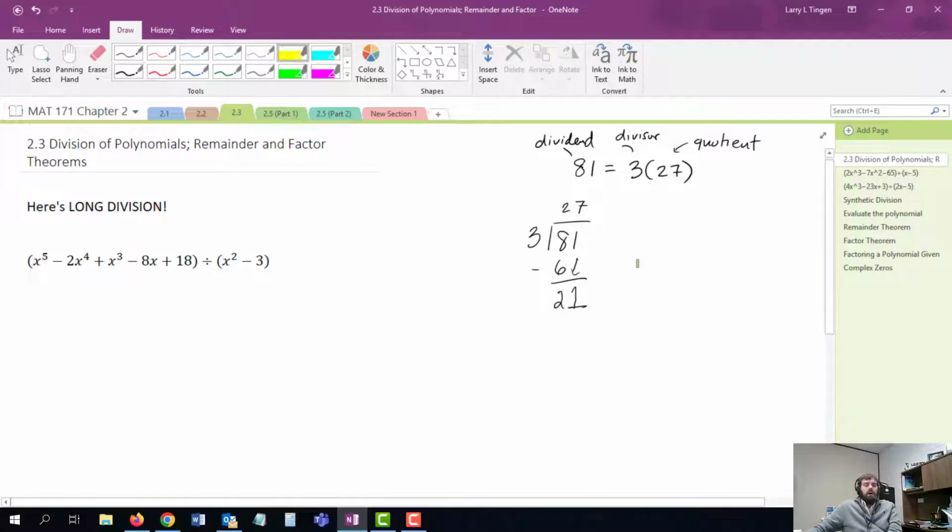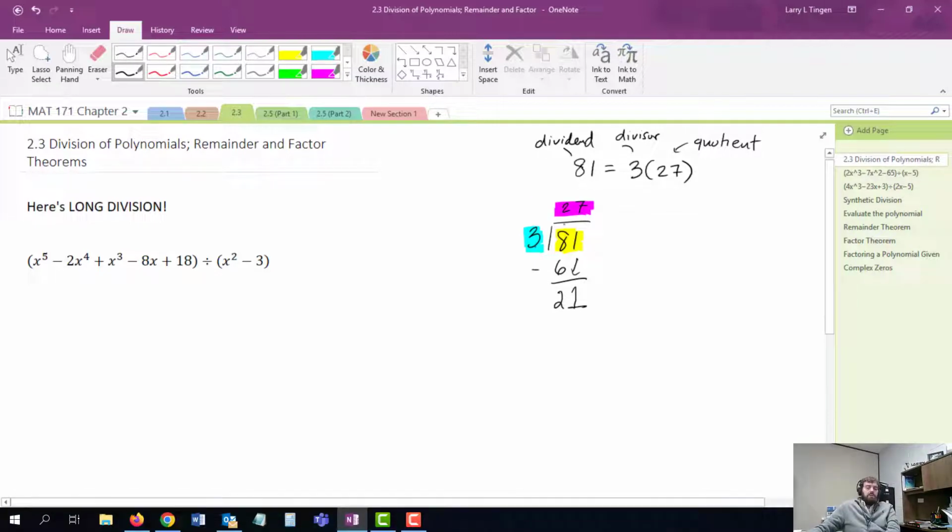So what are these parts of division? Well, what's under the root is called the dividend. What I'm dividing by is called the divisor. And the result of division is the quotient. So here is the translation.